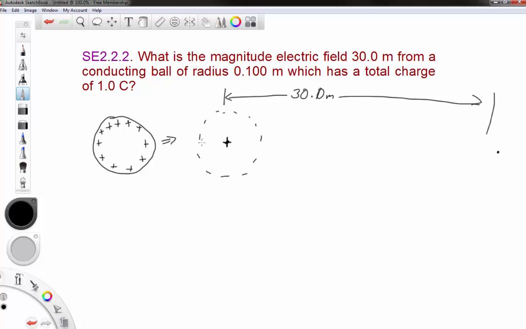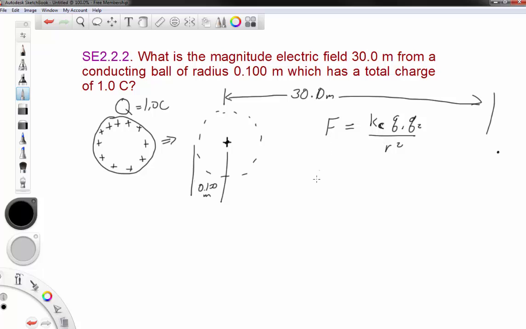This distance is much smaller than that, basically 0.1 meter. So the force in general from Coulomb's law should be negative K times Q1 times Q2 over R squared. And this can be altered now because this has a total charge of Q equals 1.0 coulombs.